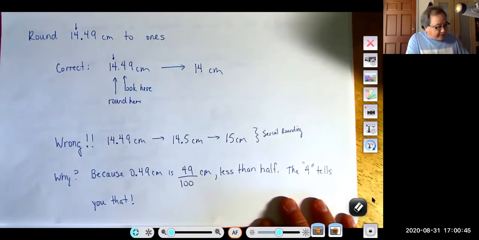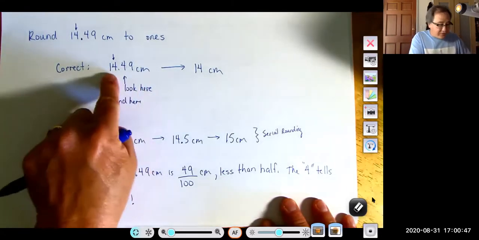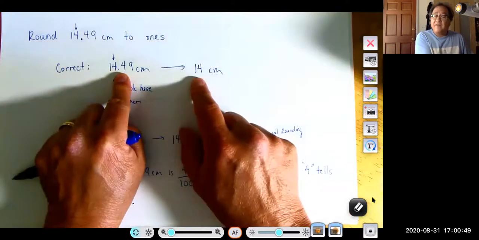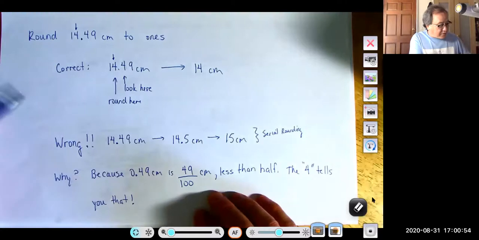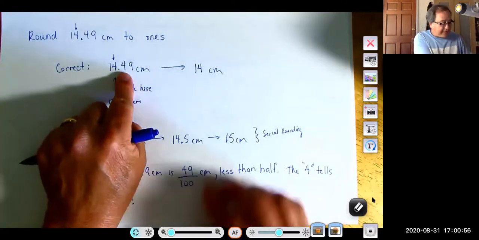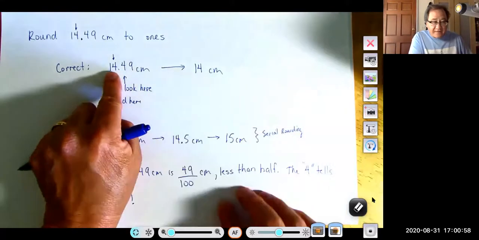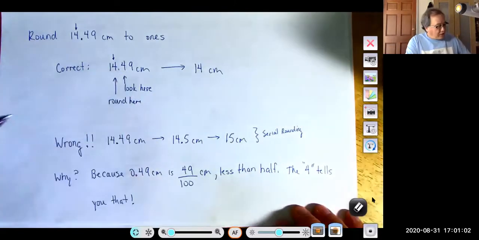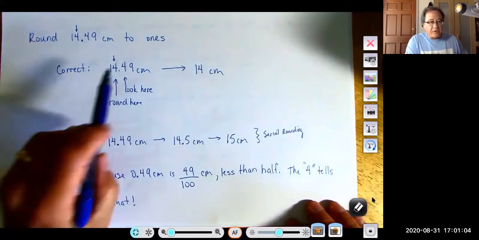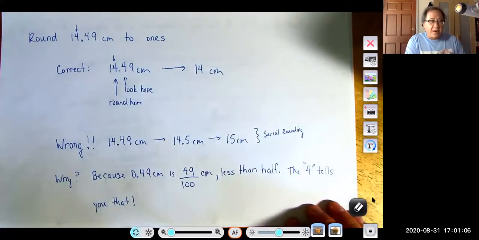And it does seem like from the number we have here to the number we get here that we have rounded down, okay? If this were a 5, we would have made this a 15. And if you had 14.59 and made it a 15, that would seem to be rounding up. So here we rounded down because this was a 4. And that is the proper way to do it.